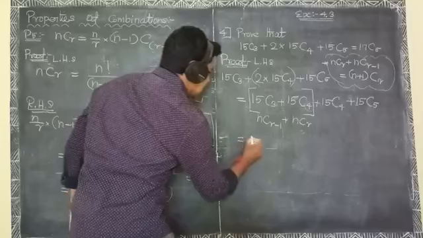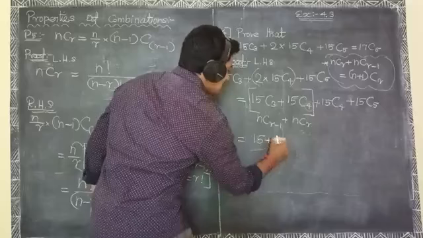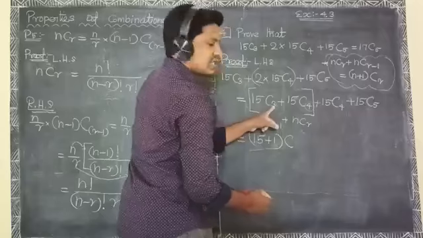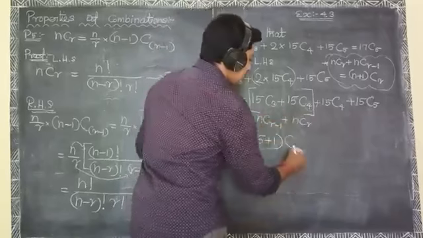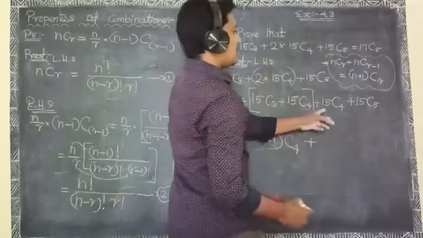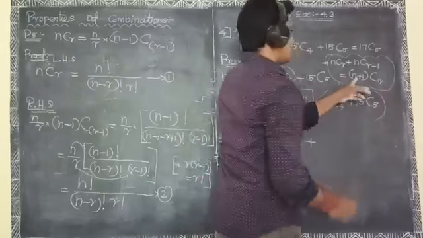Here n is 15, n plus 1 is 15 plus 1, and r minus 1 is 3, so r equals 4.